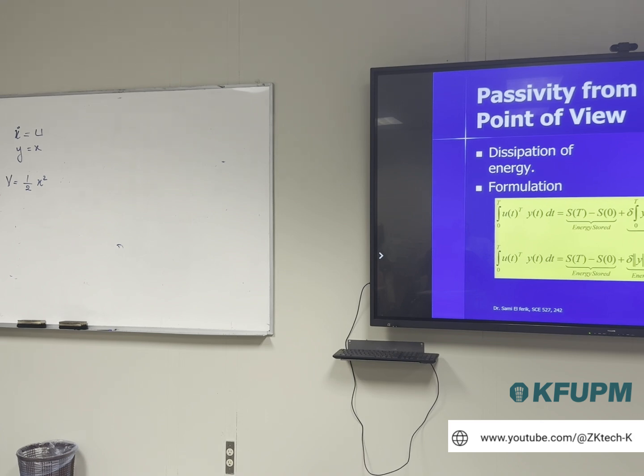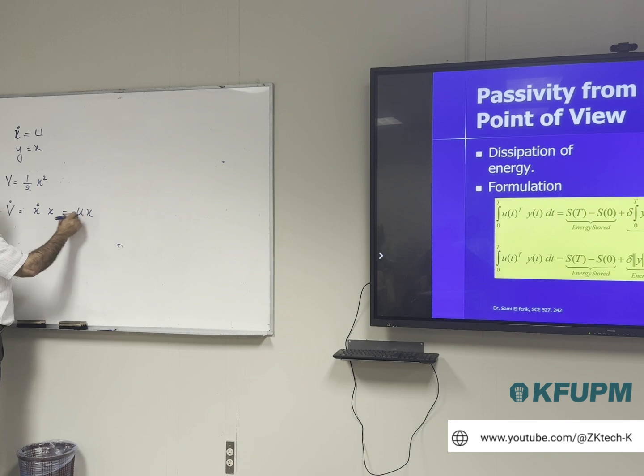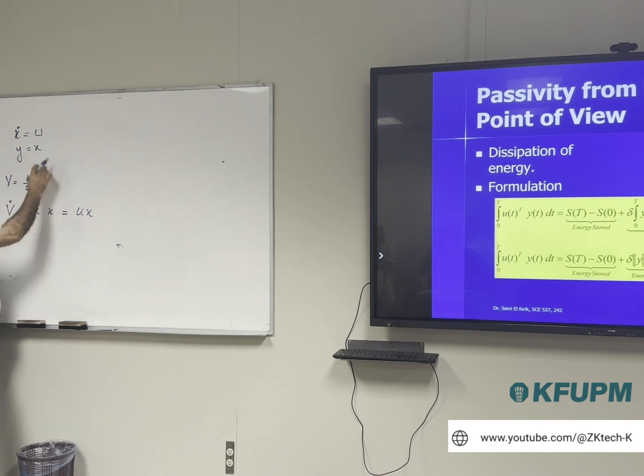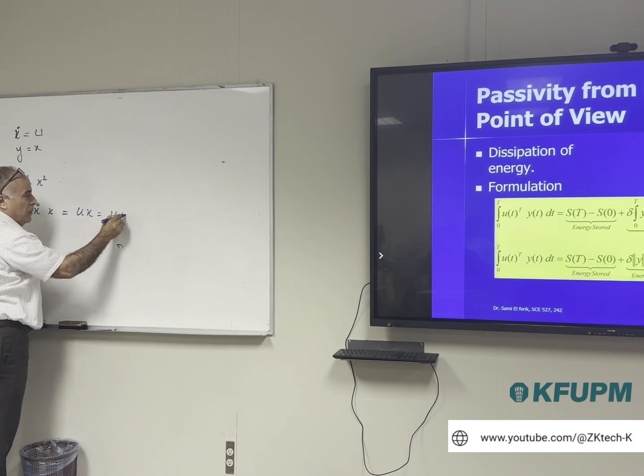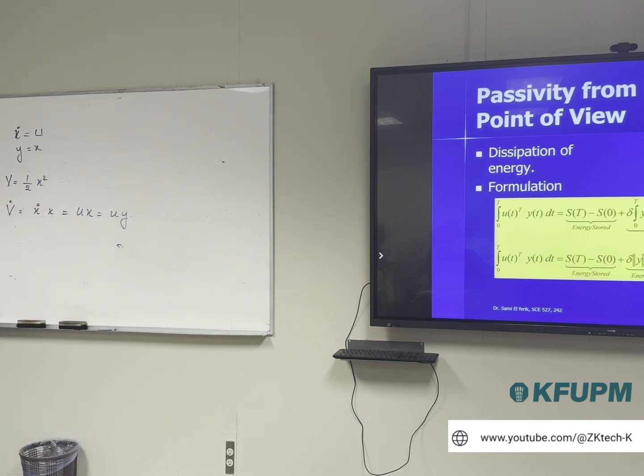Yeah. So if I take the derivative of V, I will have V prime equal to x prime multiplied by x. And this, according to my definition, is equal to u multiplied by x. But y is equal to x, so I'm able to write this equal to u multiplied by y.